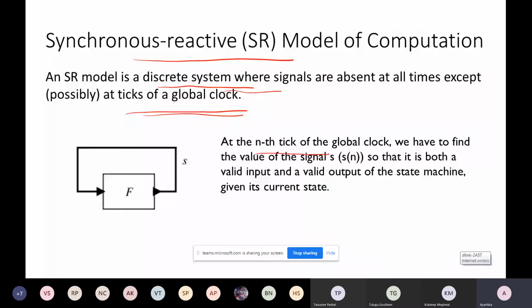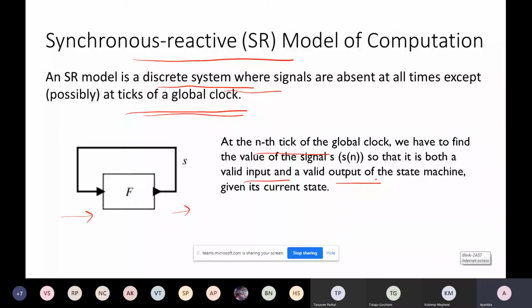At some nth clock, maybe you have given some input to this system and you have got some output. So at that nth tick of clock, whatever output you are generating should be a valid input as well. You can think in this way.